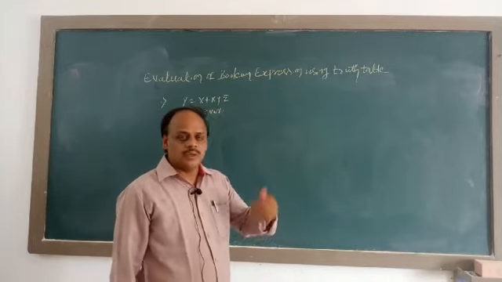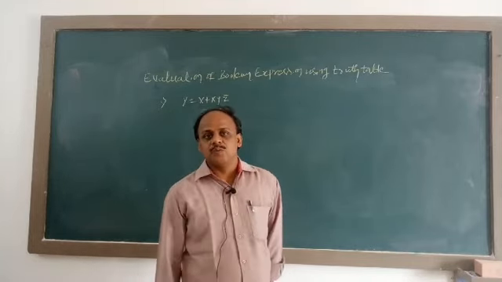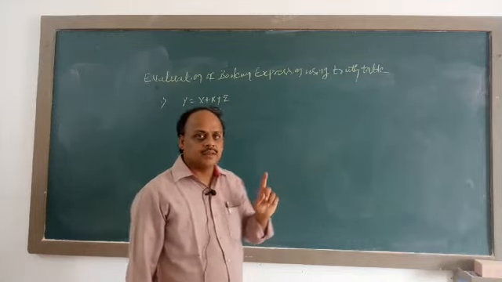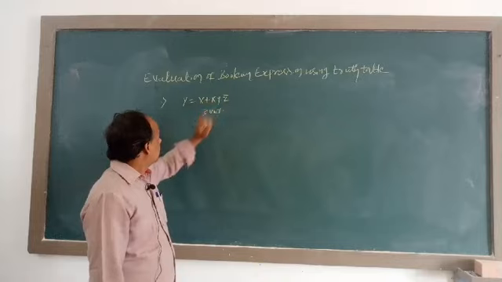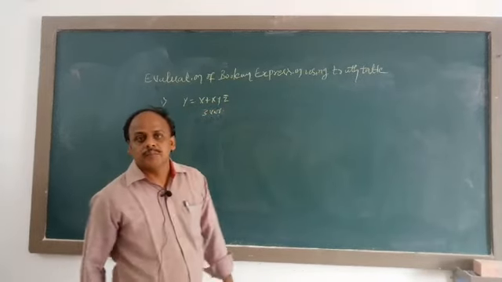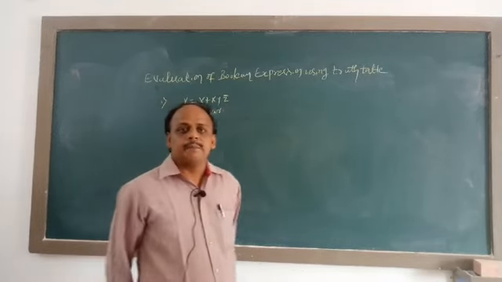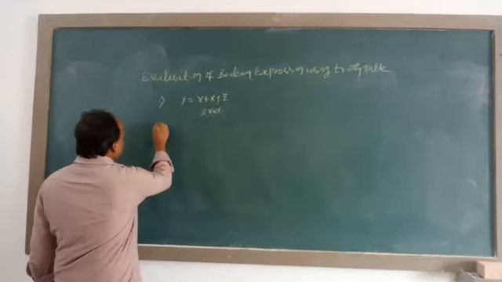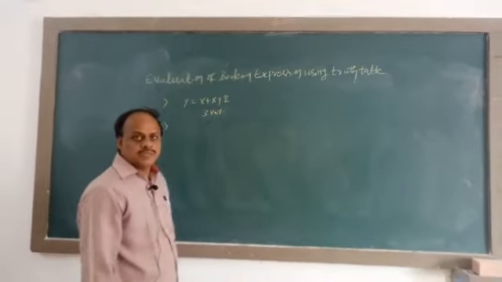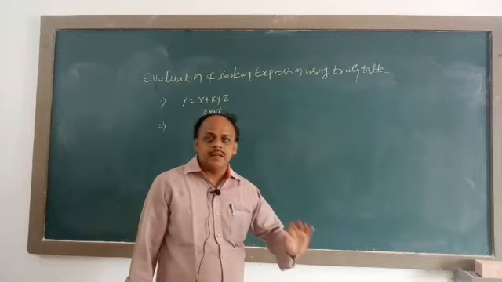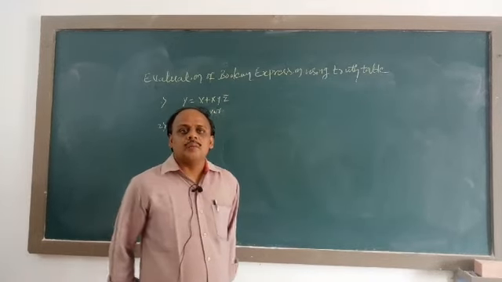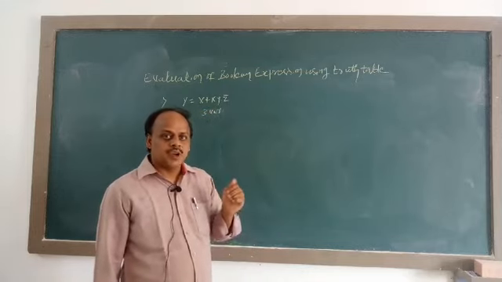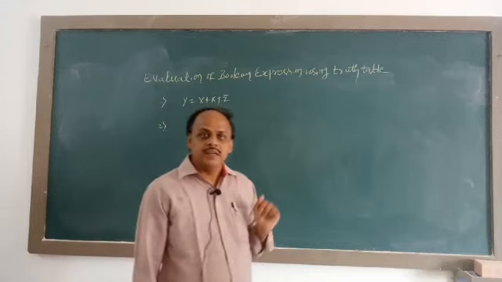Like that, this is the first point. Means in the evaluation of a given Boolean expression, in the first point we have to find the number of variables present in the given Boolean expression. And the second one, we have to find the number of input combinations required in the truth table.